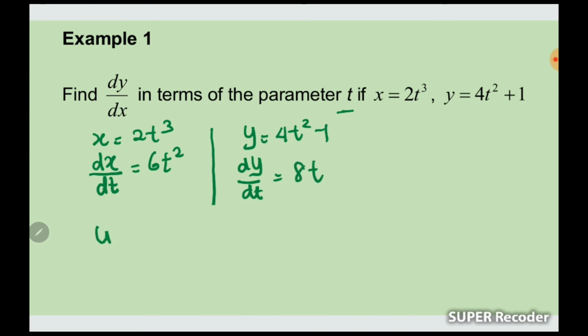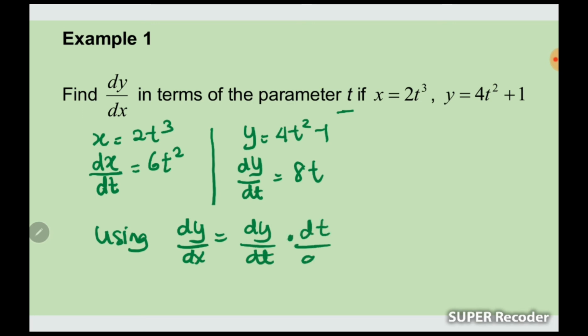Then by using the chain rule, we get dy/dx equals dy/dt multiplied with dt/dx. So you need to substitute dy/dt, which is equal to 8t.